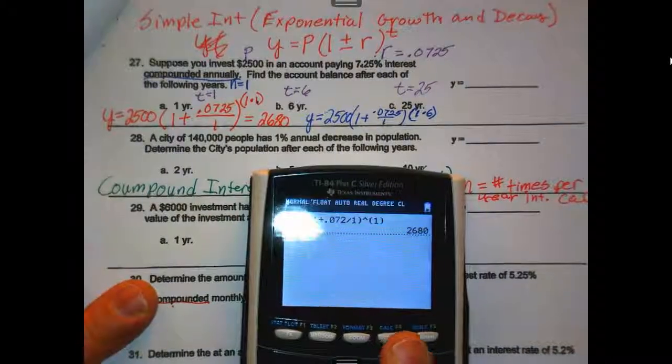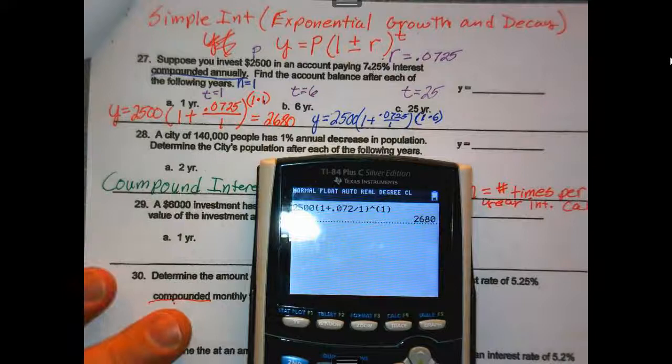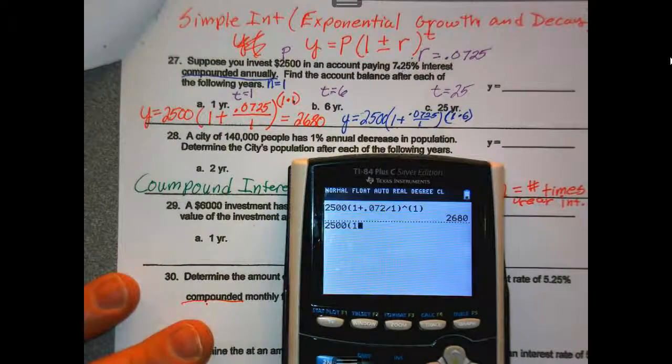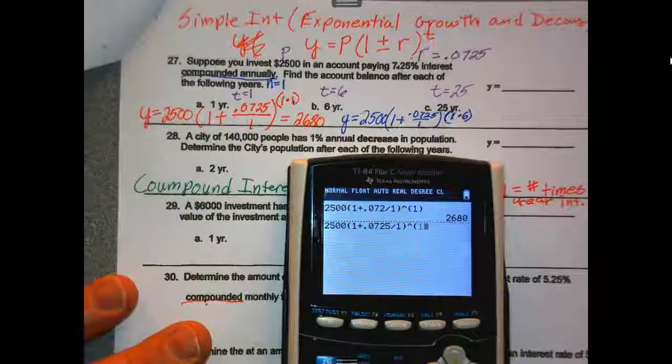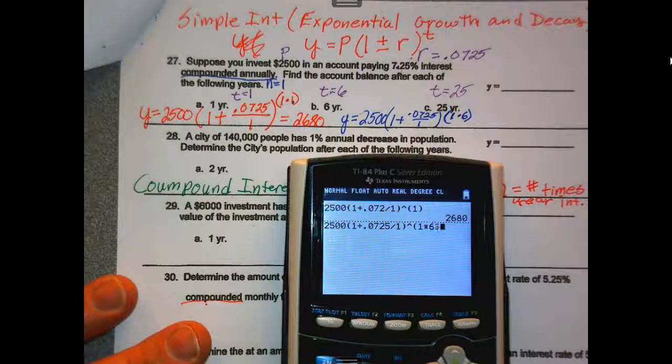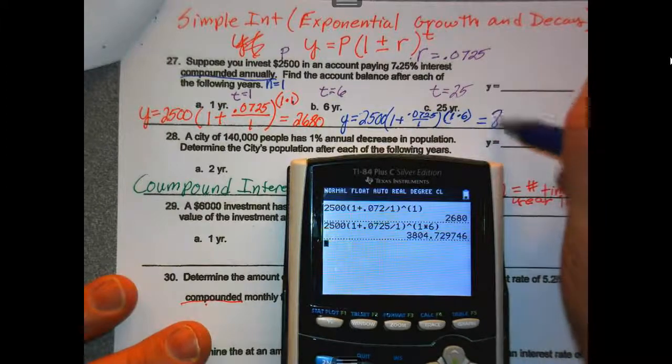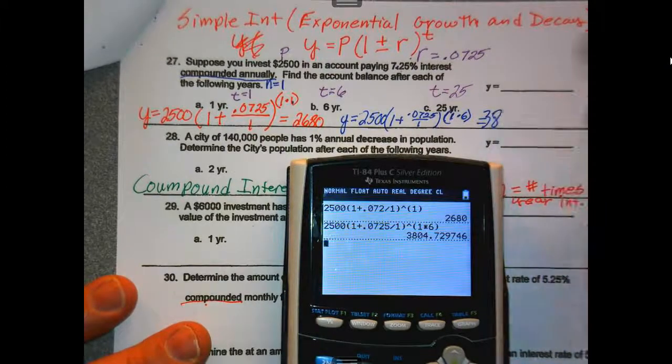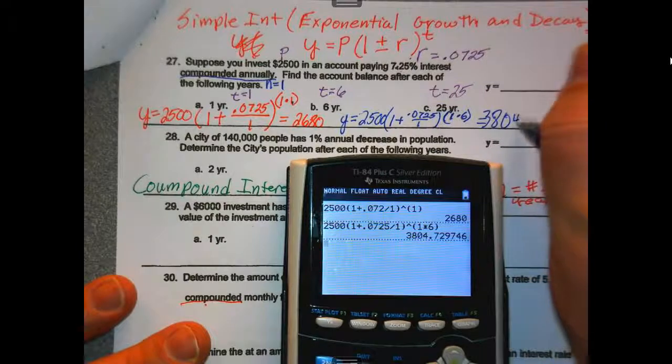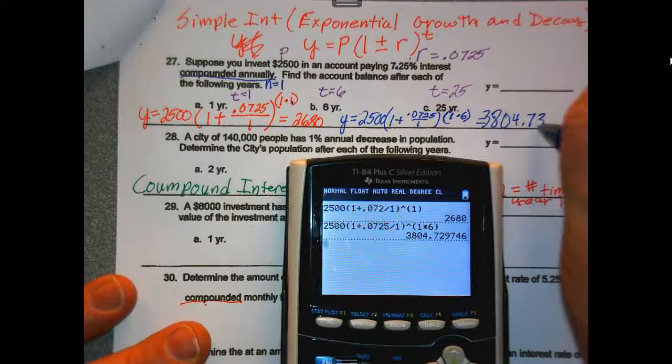So let's plug that into the calculator. 2,500 times 1 plus 0.0725 divided by 1 raised to the 1 times 6. I get 3804.73.